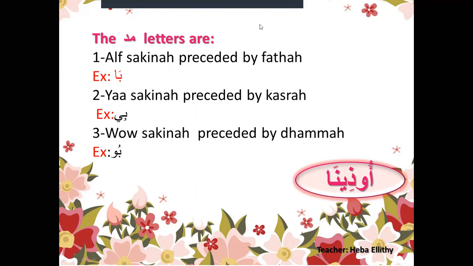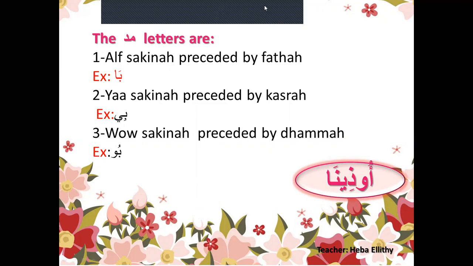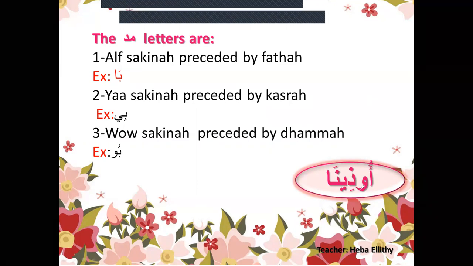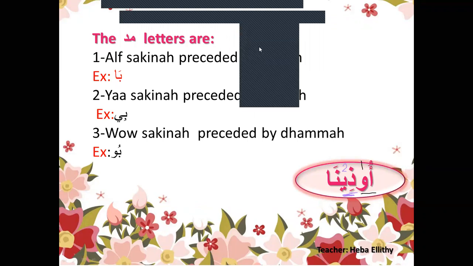Let me ask you a question here and see if you will get the answer. If I cut the word udhina into parts, the first part is u, my second part is dhi, and the third part is na.